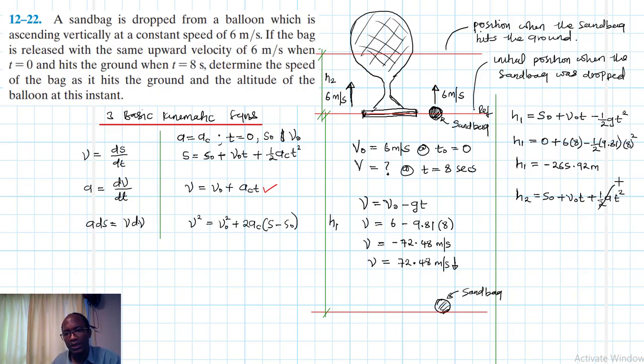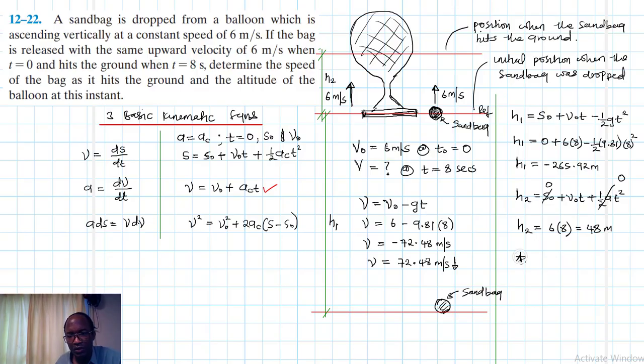This part is equal to 0 because the velocity is constant. This part also is 0, that's a reference point. Therefore, H2 is just going to be equal to 6 times 8, and this is equal to 48 meters.